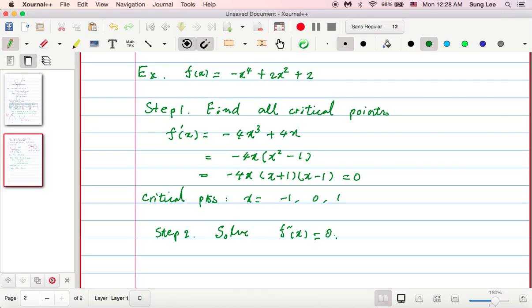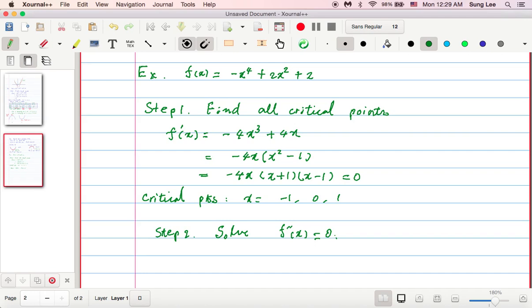So the inflection points are where the concavity of the graph changes from concave up to down or the other way around, down to up, right? And in fact, the sign of f double prime of x determines whether the graph is concave up or down, right?